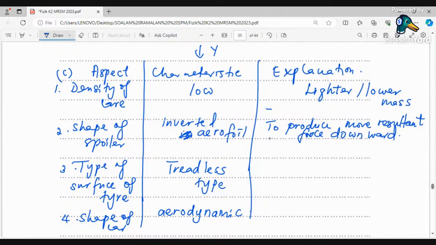Jadi kalau downward force is larger, the car will become more stable. Okay, treadless. Okay, to reduce friction. Okay. Sorry, ini dia jawapan dia bagi tak betul.